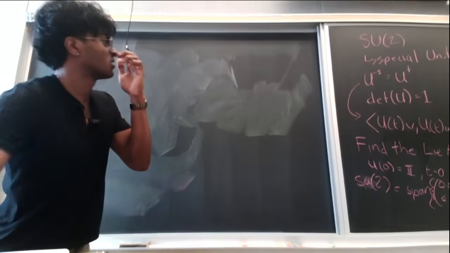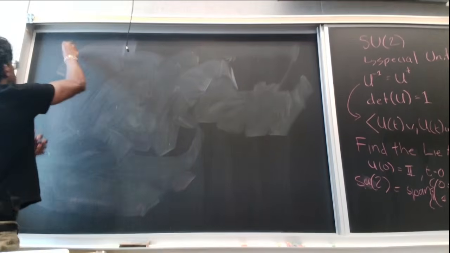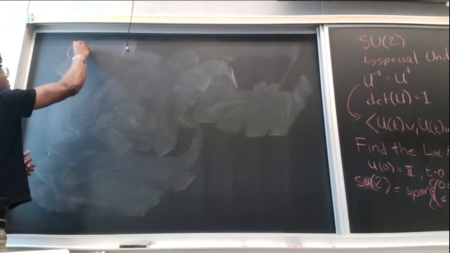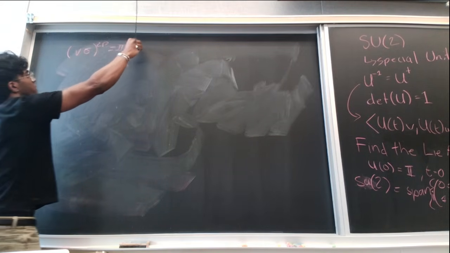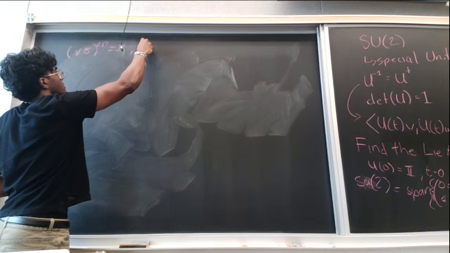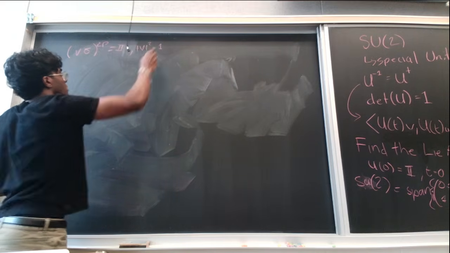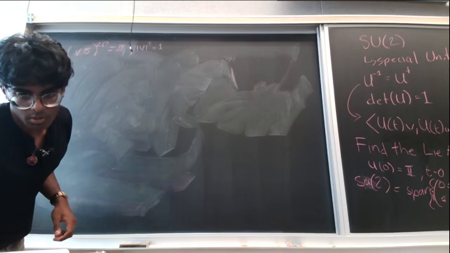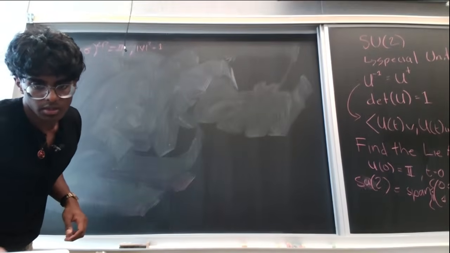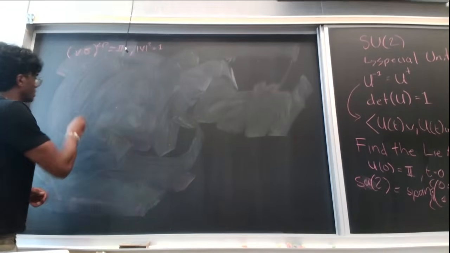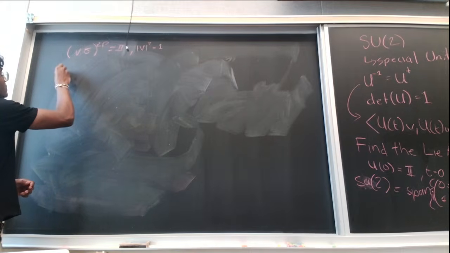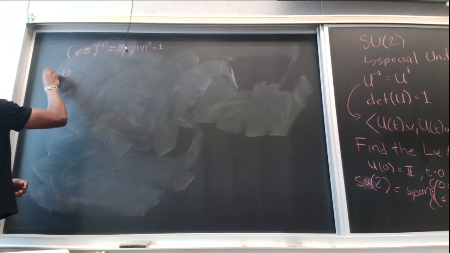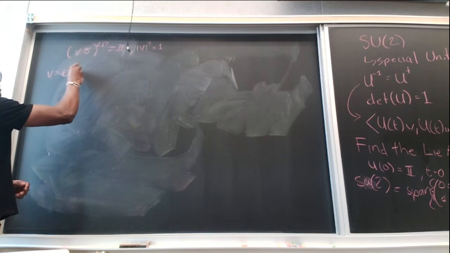First, if this is to 2p, then this is just going to be the identity if v has norm 1. And then whatever v we have, we can write as theta.